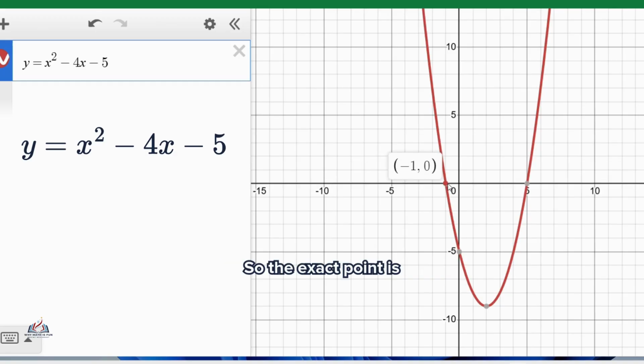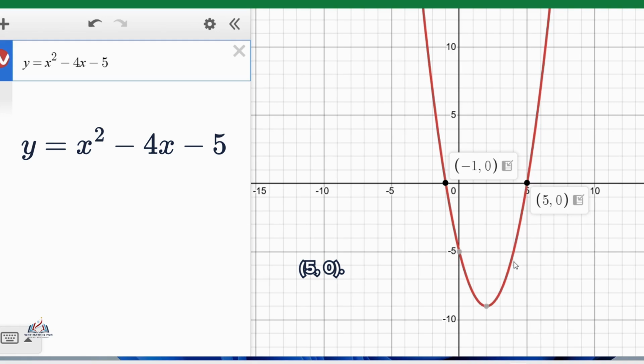So the exact point is -1, 0. And this one is 5, 0. So our graph crosses at x equals -1 and at 5.